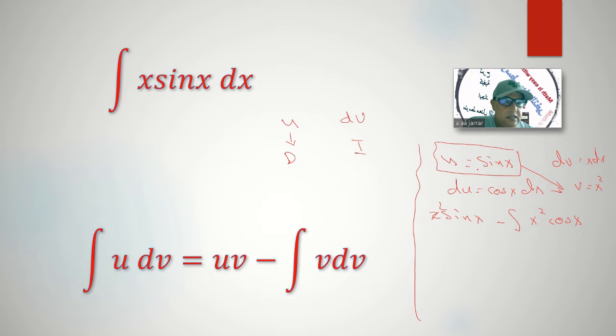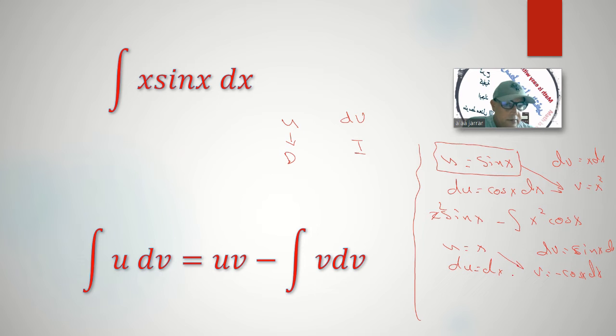But if you use u as x and dv as sine x dx, here if you differentiate it, du equals dx, and integrating sine, v will be minus cosine x.